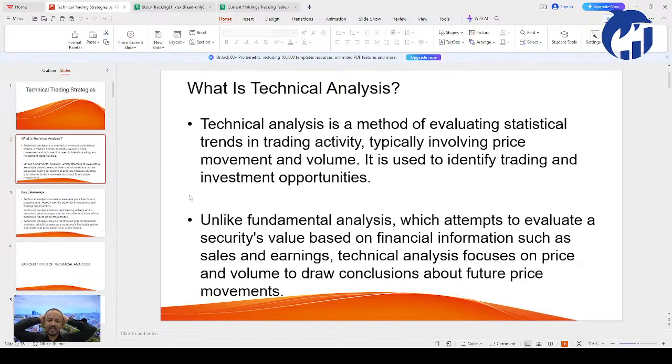So what is technical trading analysis? Technical analysis is a method of evaluating statistical trends in trading activities. It typically involves price movement and volume. It is used to identify trading and investment opportunities. Unlike fundamental analysis, which attempts to evaluate a security's value based on financial information such as sales and earnings, technical analysis focuses on price and volume.